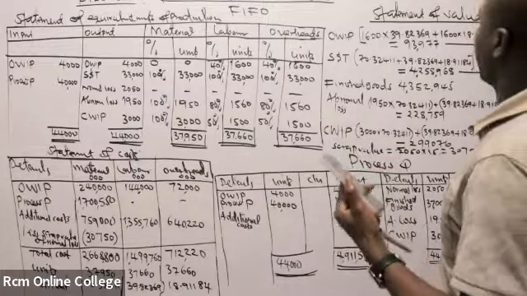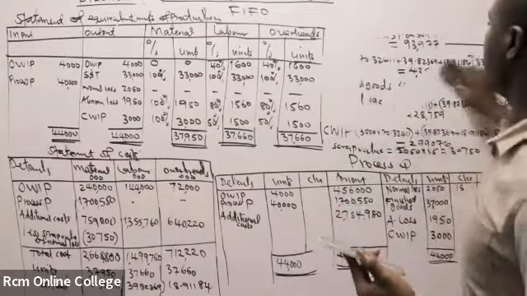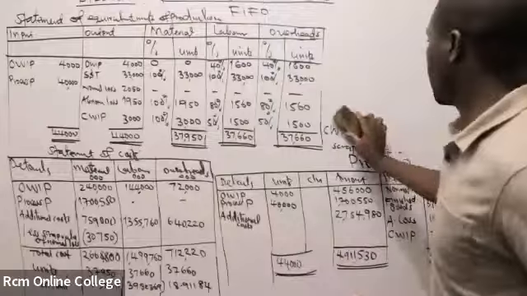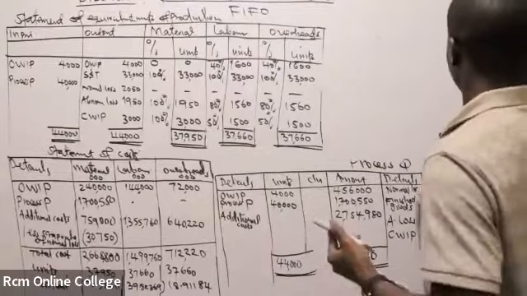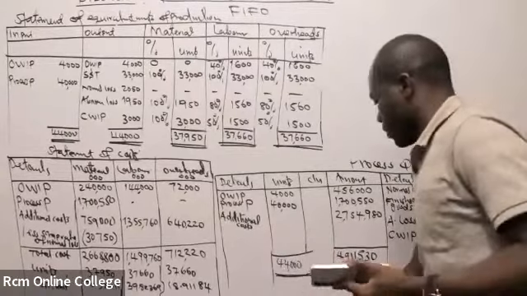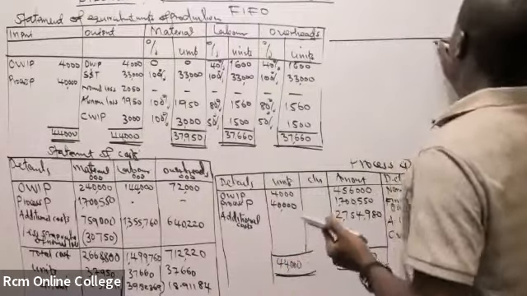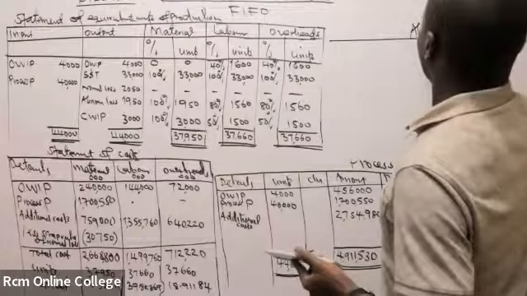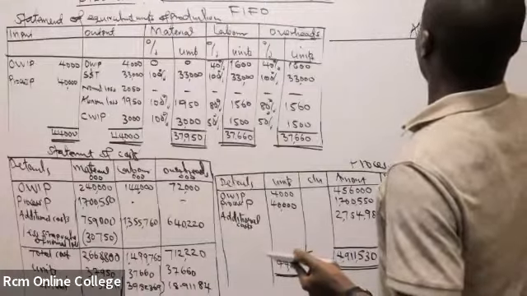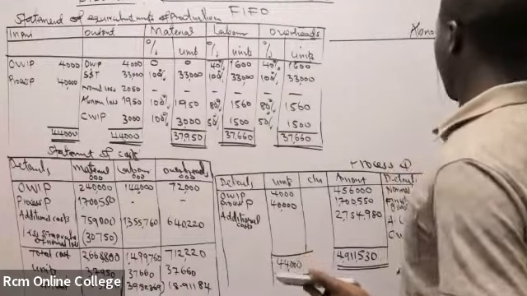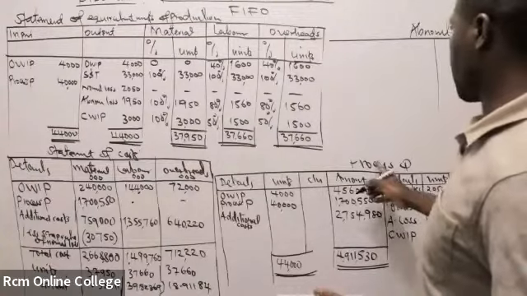No. Let me see statement. I think you captured that somewhere. Abnormal loss, where is it recorded? On the credit side of the process account.